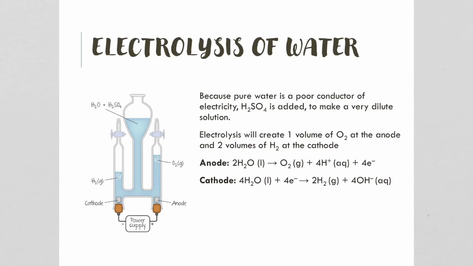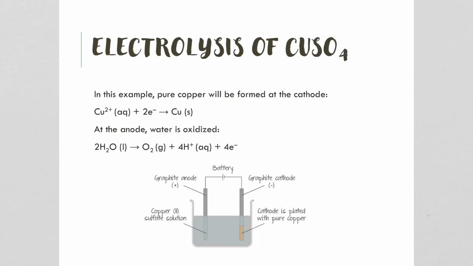demonstrate that that's hydrogen. We can also perform electrolysis of copper sulfate. In this example, you would end up with pure copper being formed at the cathode. At the anode this time, water is being oxidized. The 2 waters produce oxygen gas, and then 4 protons and 4 electrons.